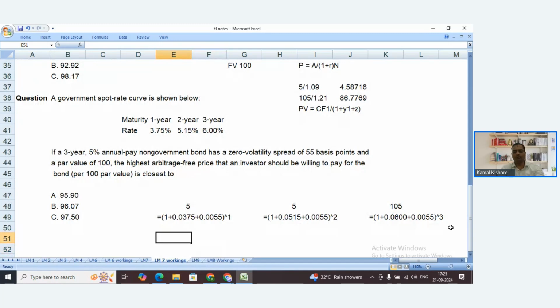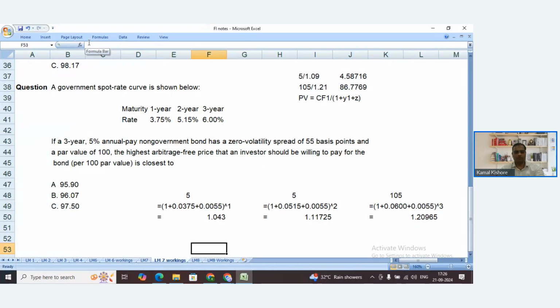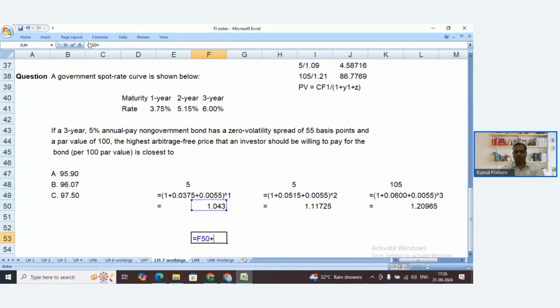So this will give the denominator, and the present value is this plus this plus this.